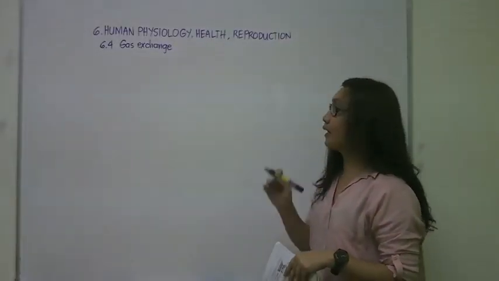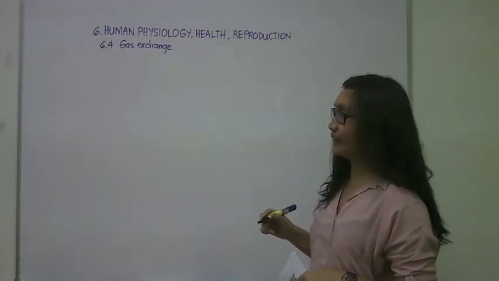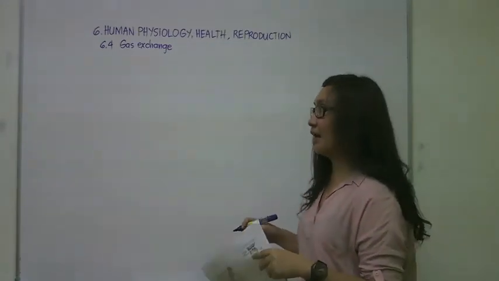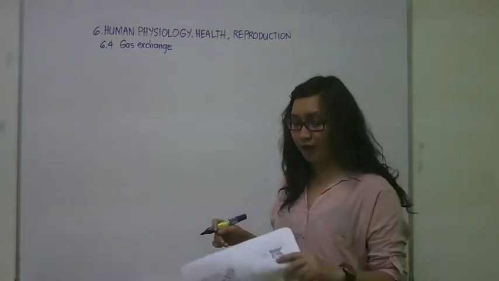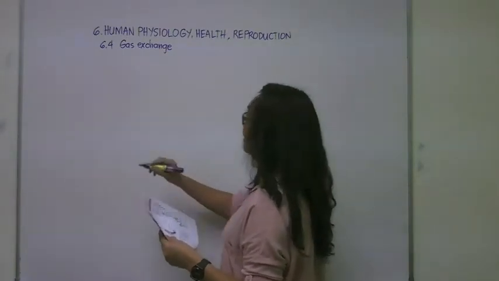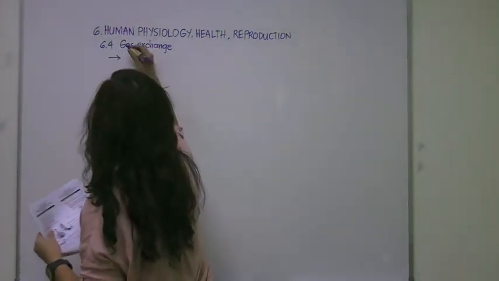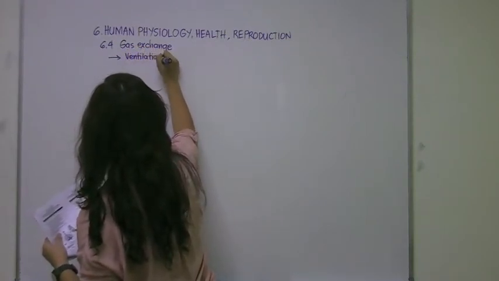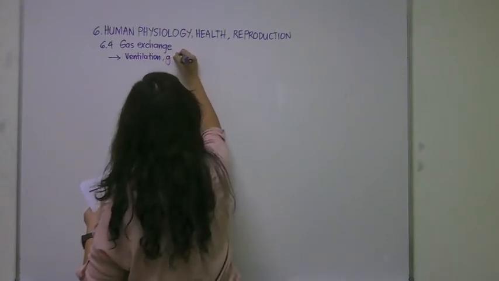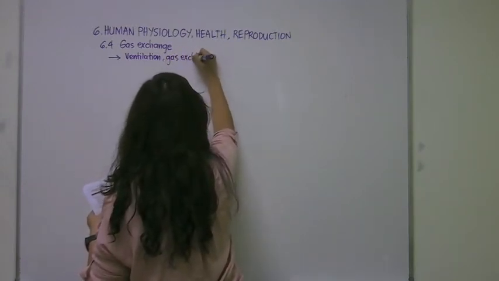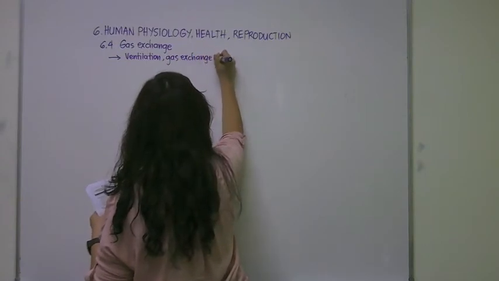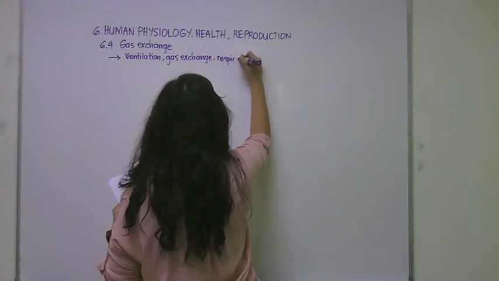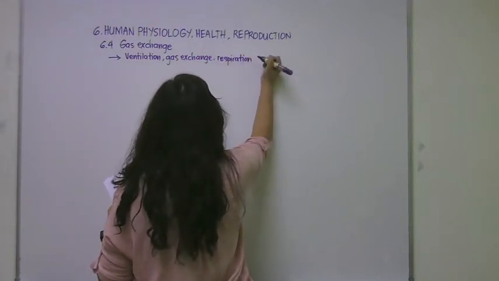Okay, so the next topic under human physiology is about gas exchange. What is being discussed here is the respiratory system and how it is working, how it is functioning. Under this area, students should be able to know the difference between ventilation, or breathing, gas exchange, and cell respiration, because usually they interchange all of these, but they're different from each other.